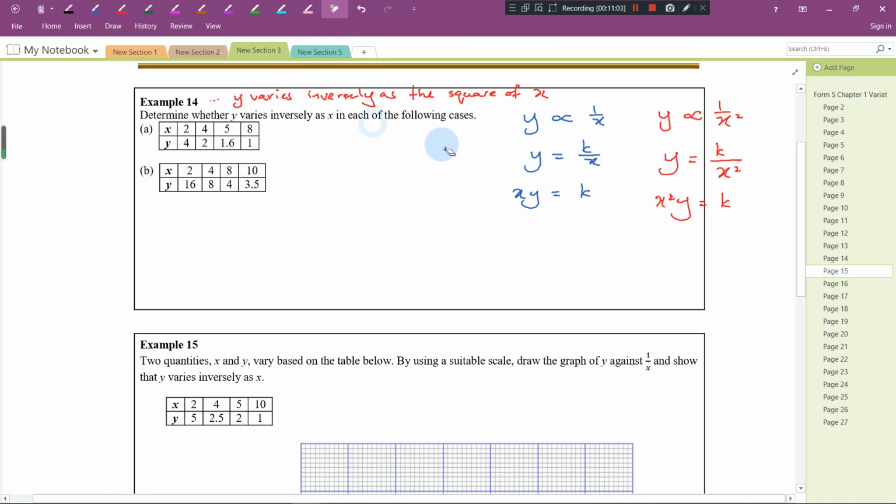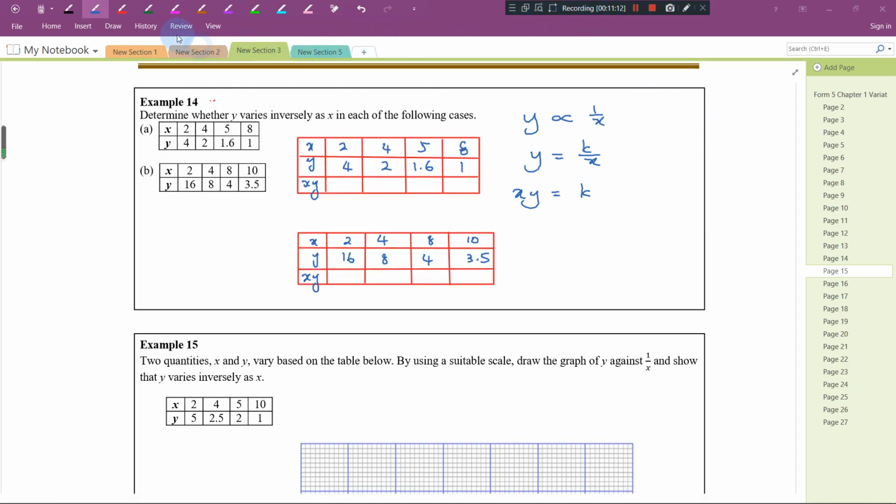Now let's focus on the blue color one. Let's find the value of x times y. This is part A. x is equal to 2, 4, 5, 8. y is equal to 4, 2, 1.6, and 1. Now we want to find the value of x times y. If x times y is equal to a constant, then y varies inversely as x.